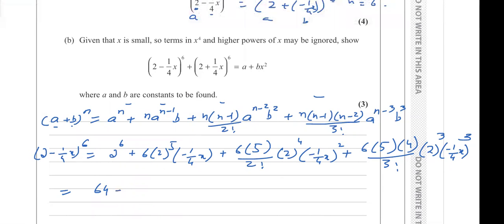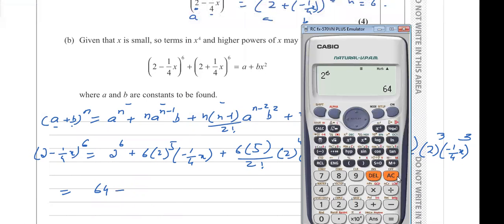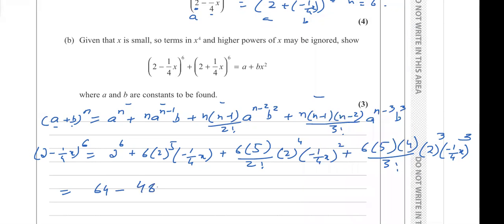This plus and minus will be minus, and it's going to be 6 into 2 power 5 times, in brackets, I can write this minus 1 over 4 also. That makes minus 48. So it will be minus 48x.